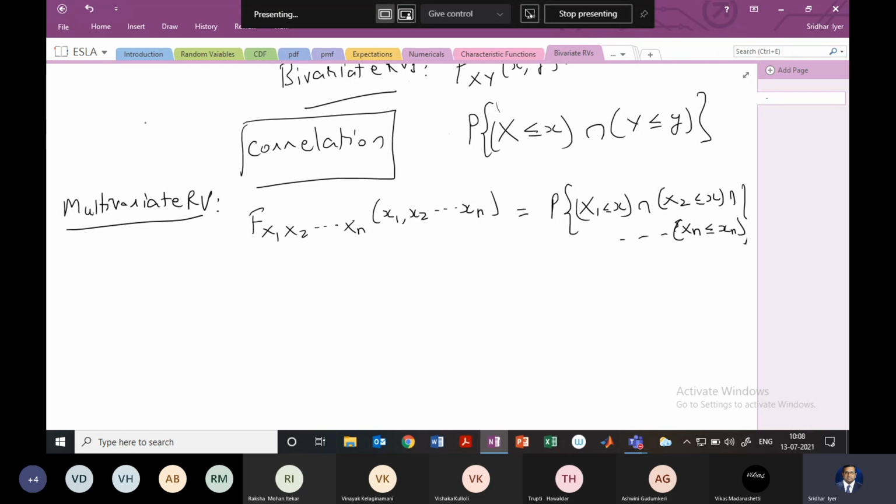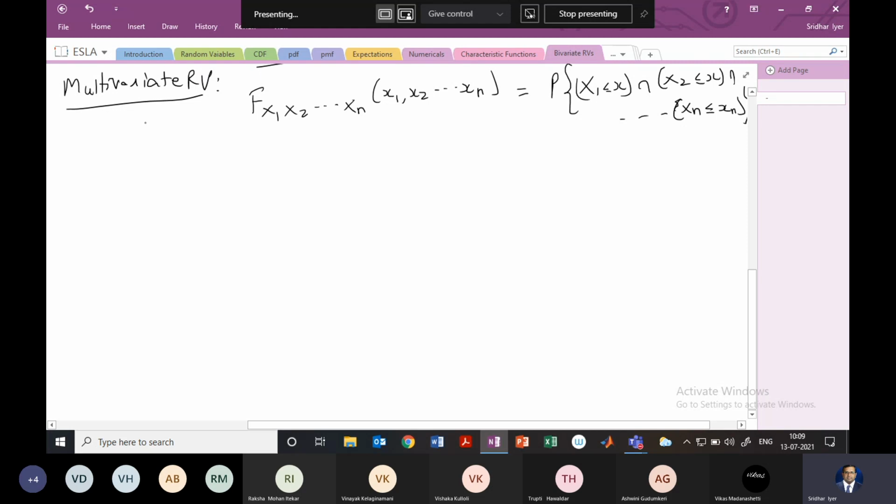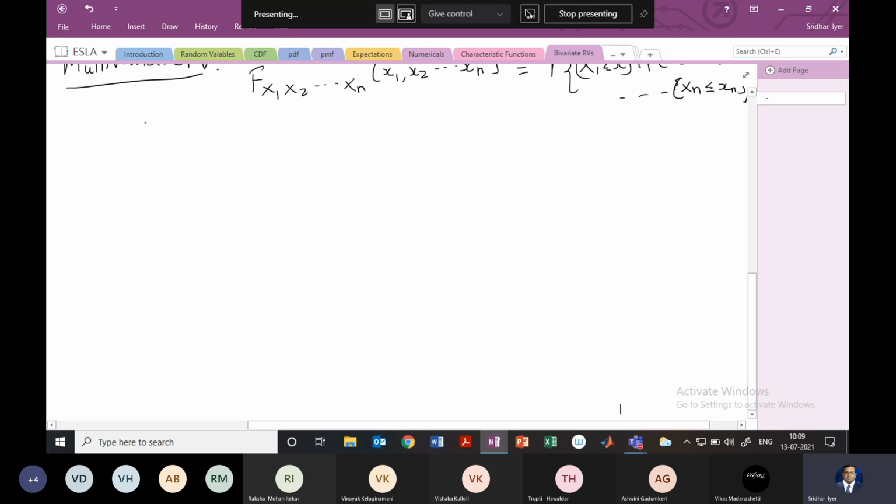We'll restrict ourselves to the application part, because that we'll do in the higher semesters. But here we are interested in finding or solving the numericals based on bivariate random variables. Likewise, how I have defined the CDF, we can also define the PDF, which we'll be doing very soon.